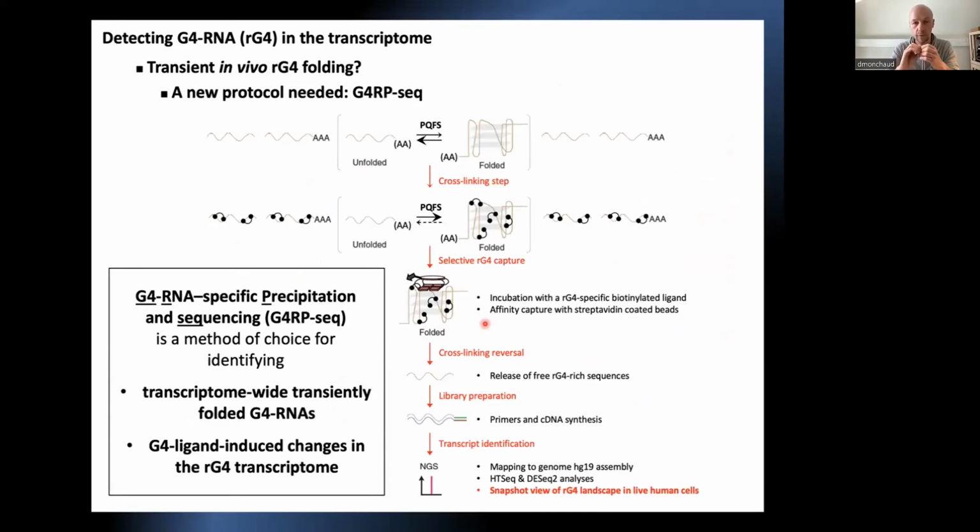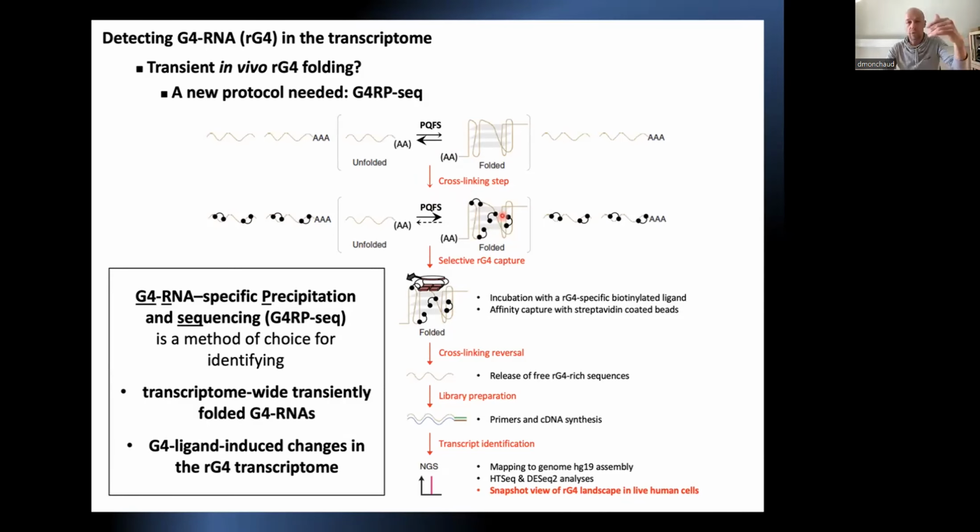So in vivo in terms of genetics, meaning in fixed chromatin. The idea was that G4 can fold, but this folding is certainly very transient. So the first thing that we have to do is to cross-link everything in order to trap the G4 if it is folded in its native state.